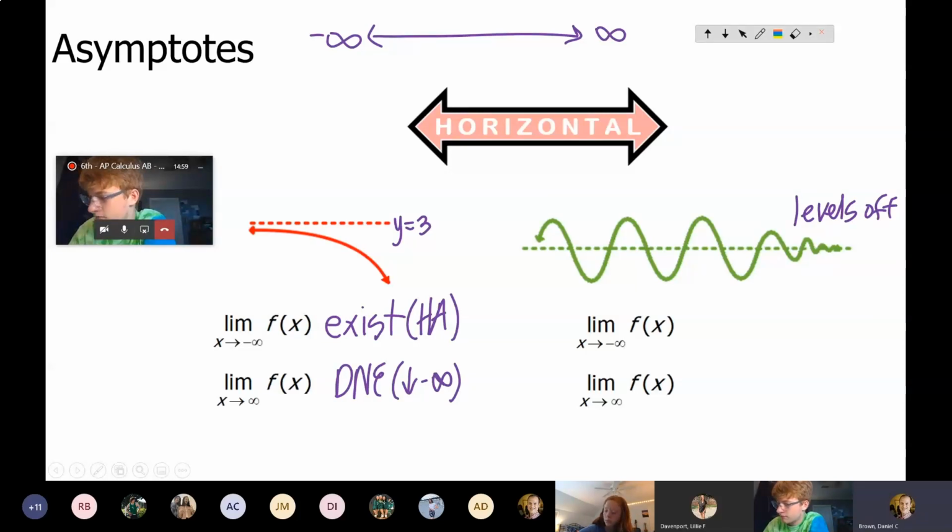So the one going to infinity is going to exist, and it would be whatever that asymptote is. The one going towards negative infinity is not getting smaller and smaller, so it's always going to be going up and going down. It's never settling on anything. So it's going to be the one that we're going to say does not exist. The reason we say it does not exist is because it is oscillating, which I apparently can't spell, but oscillating.